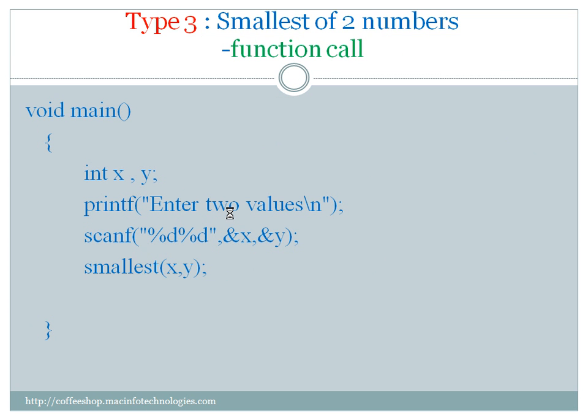So in the main function we take 2 values. We say enter 2 values, %d, ampersand x, ampersand y. We'll take the input for x and y and just send it to the smallest function. Since it's not returning any values, we don't have to assign a value. We can just call the smallest function. So it will display the value depending upon what is entered by the user.